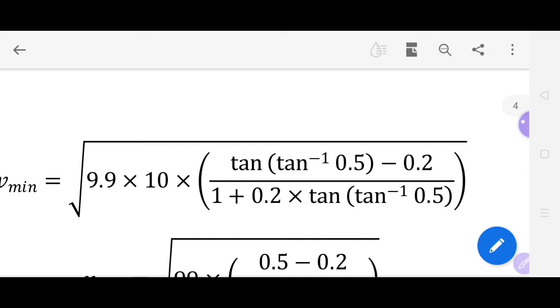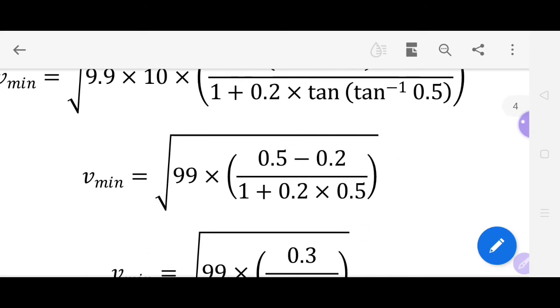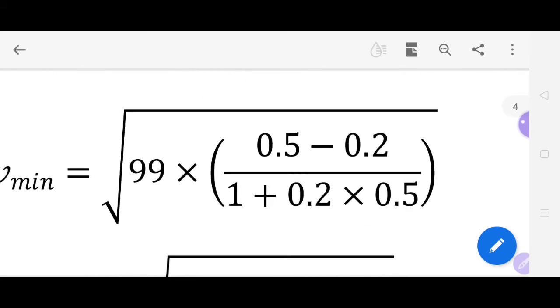Theta is tan inverse 0.5. So tan in bracket tan inverse 0.5 minus mu s is 0.2 divided by 1 plus 0.2 into tan of tan inverse 0.5. Okay. Now, as you see, tan into tan inverse gets cancelled.